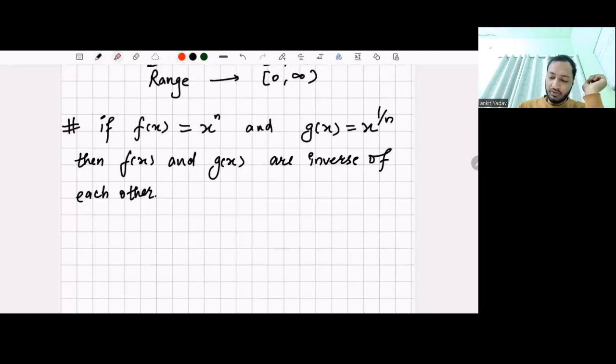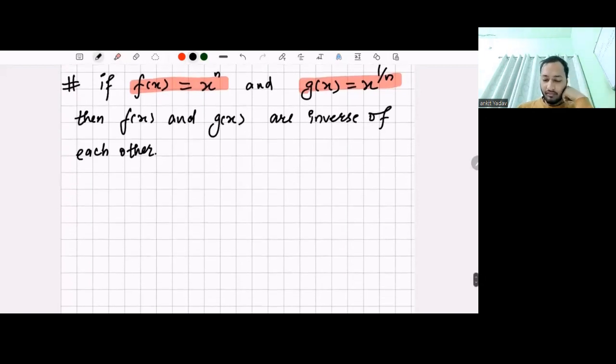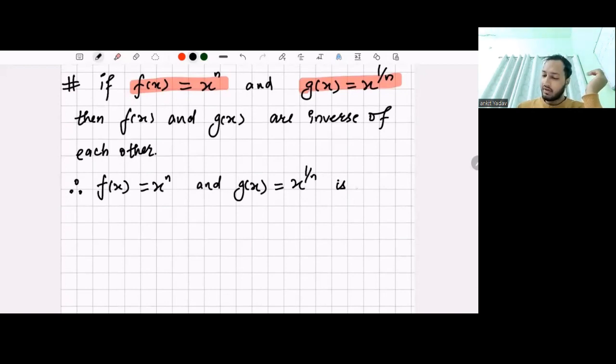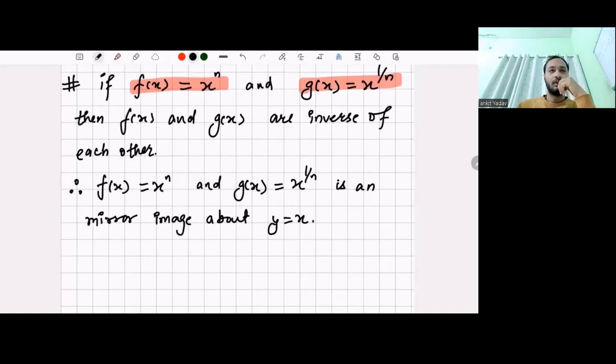तो ये दोनों फंक्शन, both of these functions are inverse of each other. ठीक है, if such a condition sets in, then f(x) which is equal to x की power n and g(x) which is equal to x की power 1 upon n are mirror images about y is equal to x. जैसे x स्क्वायर है, x की पावर 1/2 है, या फिर x क्यूब है, x की पावर 1/3 है.